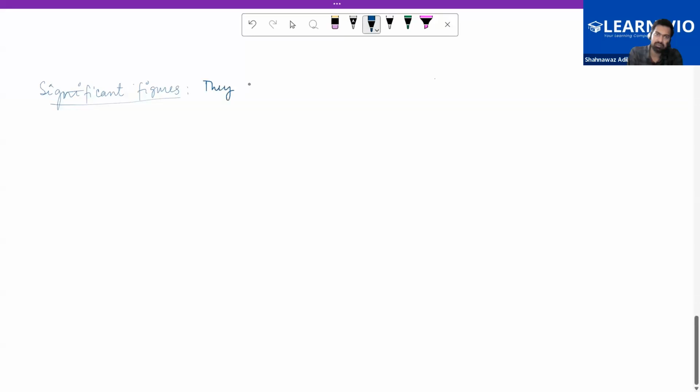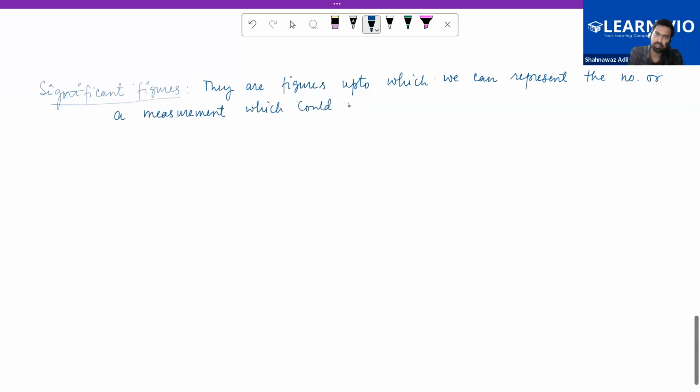They are the figures up to which we can represent a number or a measurement which could justify the measurement as accurate, right?